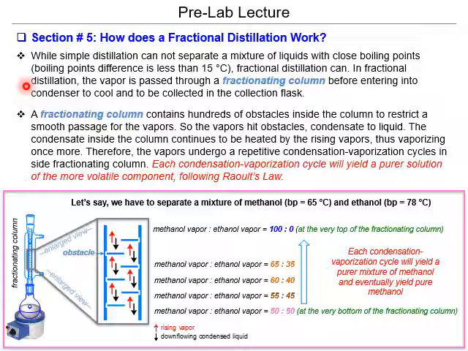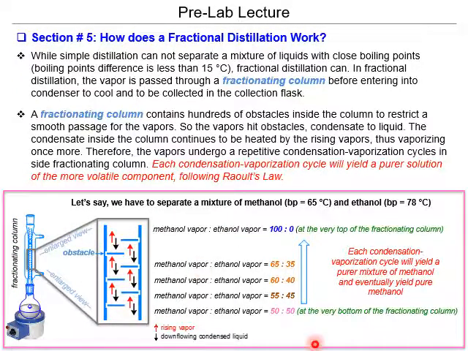Fractional distillation essentially is several rounds of simple distillation. In fractional distillation, the vapors pass through the fractionating column before entering into the condenser to cool and to be collected in the collection flask. It essentially purifies whatever you're feeding that fractionating column.